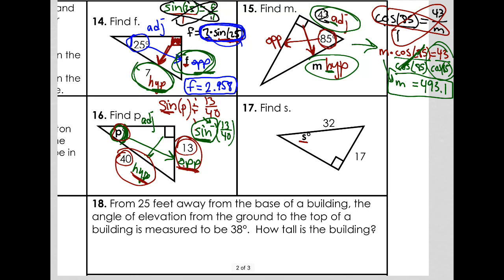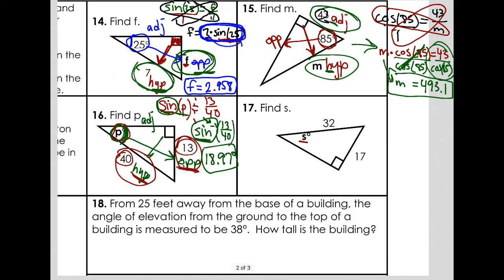Alright, and I'm getting 18.97 degrees for my P. So around 18.97 is our angle measure. So anytime you're finding an angle, make sure you use your inverse function so that you can undo the sine that's being done to the angle.